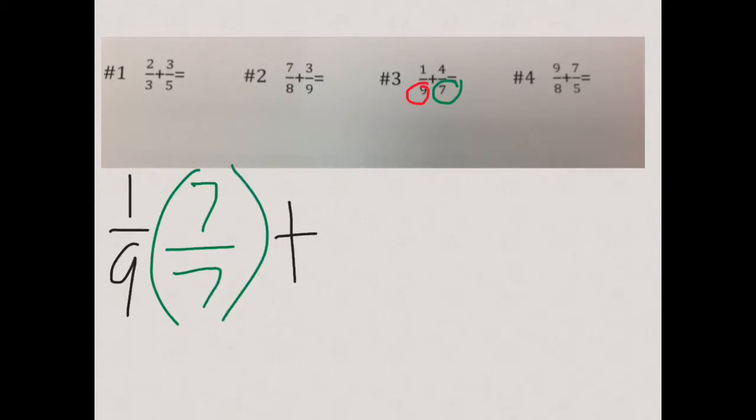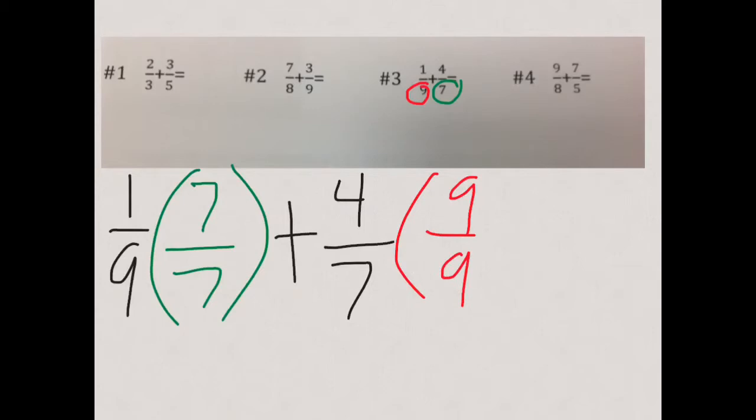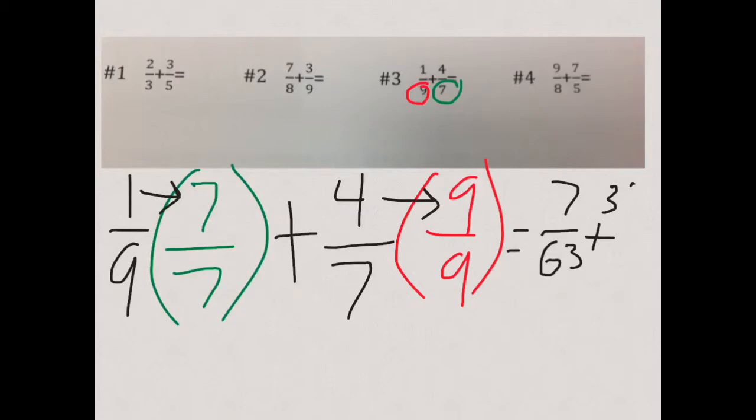Okay, so I'm adding 4/7, and I'm going to take that 9 and multiply the numerator and denominator by it. What I end up getting is 7 over 63 plus, multiply across, 36 over 63. If I add now across, that's 43 over 63.